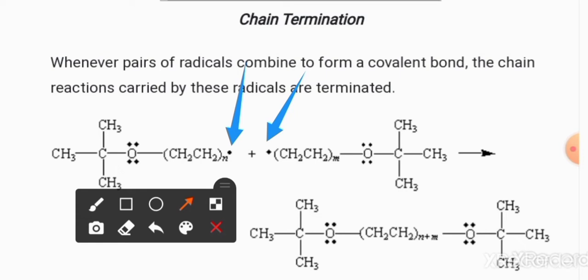Head-to-head or tail-to-tail joining means that when bigger free radical molecules are formed, they attach to each other with the help of one electron on the same looking sides.